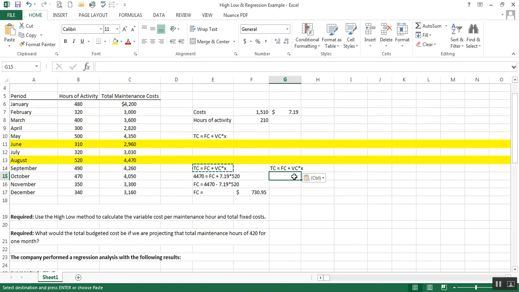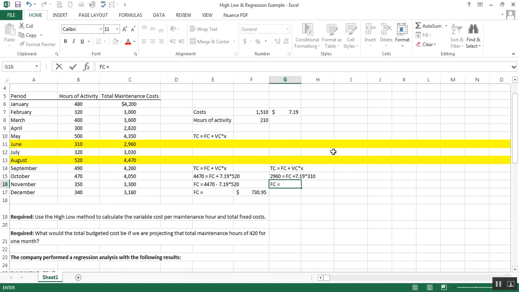Let's do the same thing, except let's pick our lowest level of activity. So now it's 2960 equals fixed cost plus 7.19 times the number of units, which is 310 in this case.